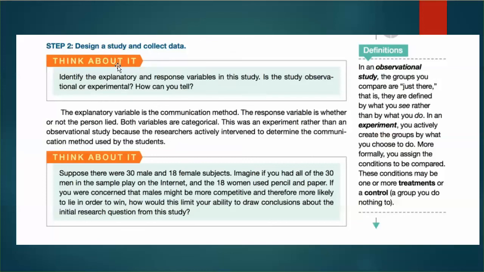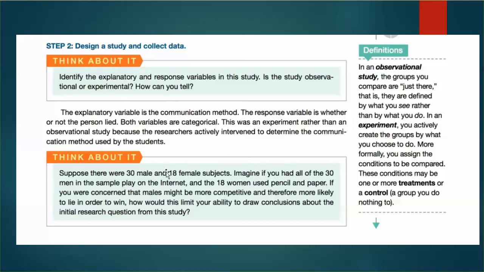One group will be using the email, one group will be using the pencil and paper. And so we're not just looking at people's behavior, we're actually assigning behaviors to the students and then seeing what happens. So here's the idea of the difference between an observational study and an experiment. We're actively creating the groups and then we're seeing what happens.